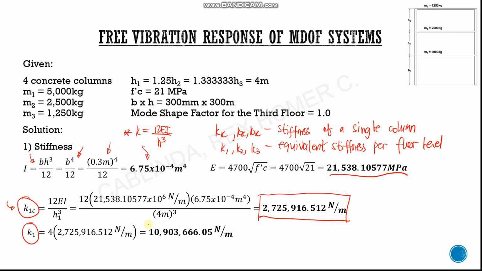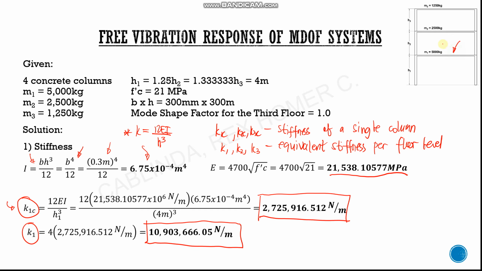So for our first floor, we have 4 concrete columns. We just multiply the stiffness of a single column by 4. We have an equivalent stiffness of the first floor columns of 10,903,666.05 Newton per meter.